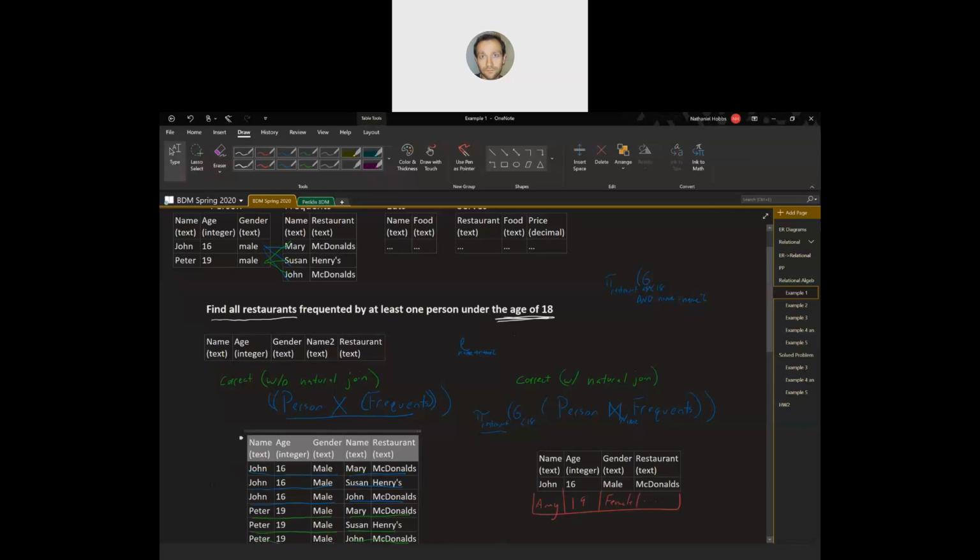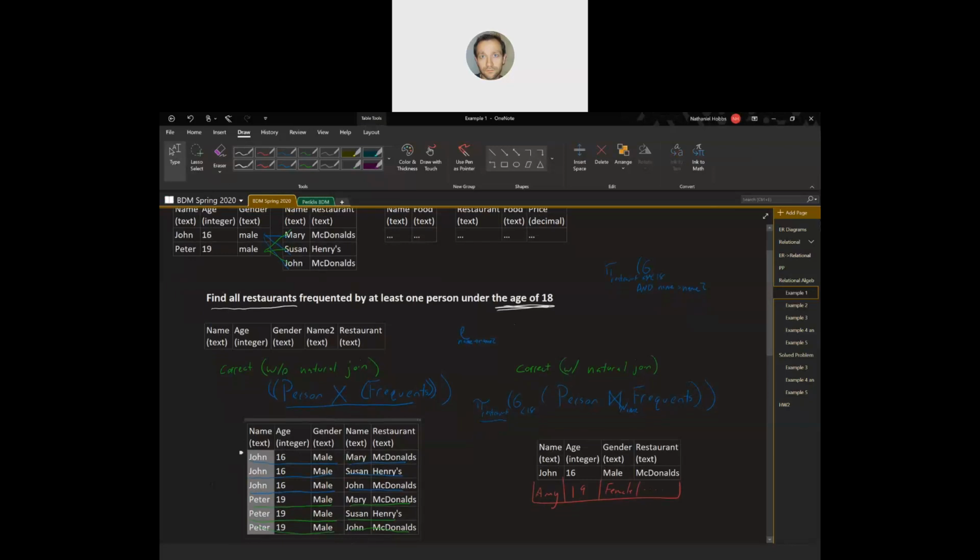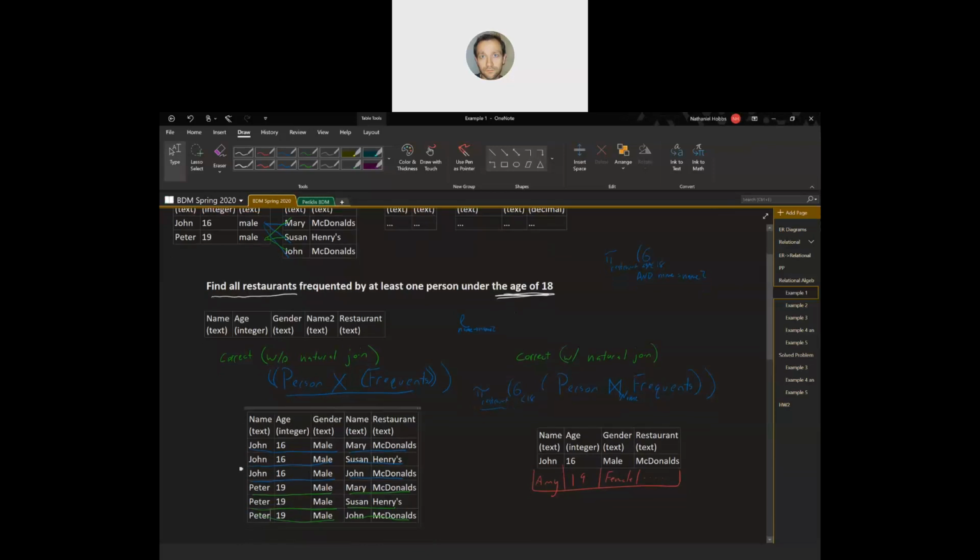But in any case, right now, this relation has a problem because we only want to keep those rows where these two names match. But we can't do that because these two columns have the same name. So that's what we use the rename operation for.